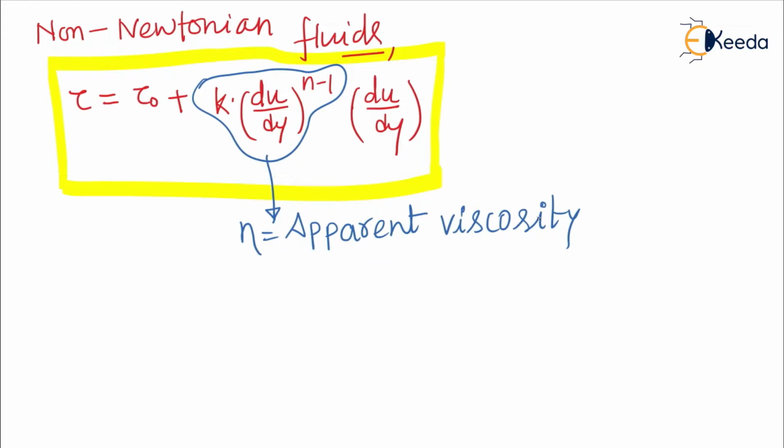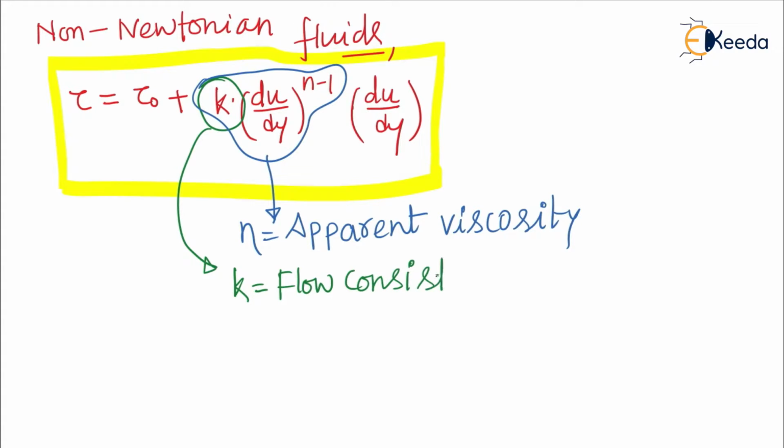And there are a few other things which we should know. What is this k value? This k value is known as flow consistency index.